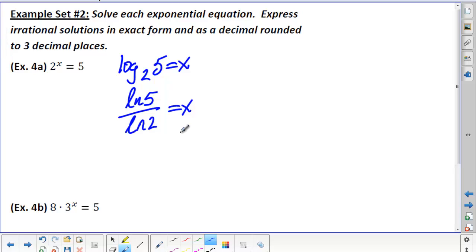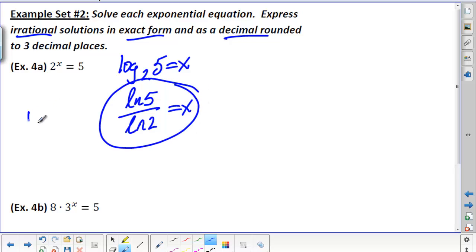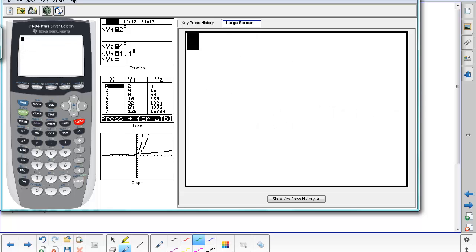And then from there, notice the instructions say we want irrational solutions in exact form and as a decimal. So we've got our exact form right here. This is our exact. That means written with logarithms. For the decimal, we're actually going to work this out. What's natural log 5 over natural log 2?